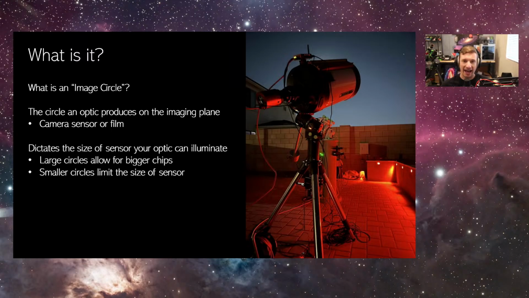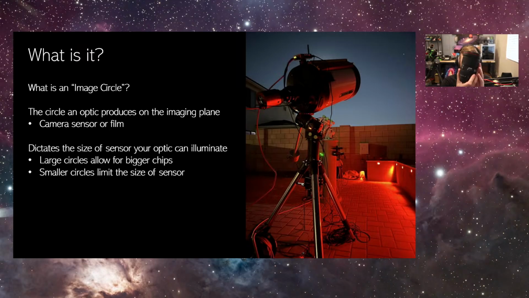Now, you don't have to use the whole image circle of that lens. Now, this kind of comes up, and I think it's really dumb how it's stated in photography. So in regular photography, you have any kind of camera lens, like this Canon 16-35.